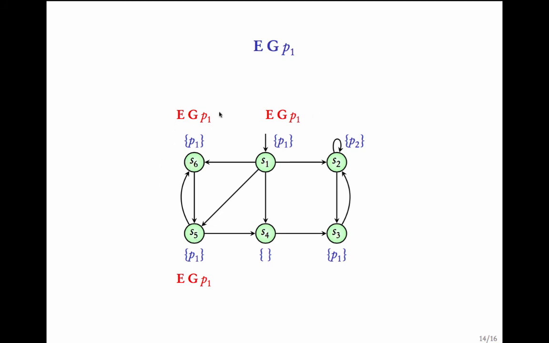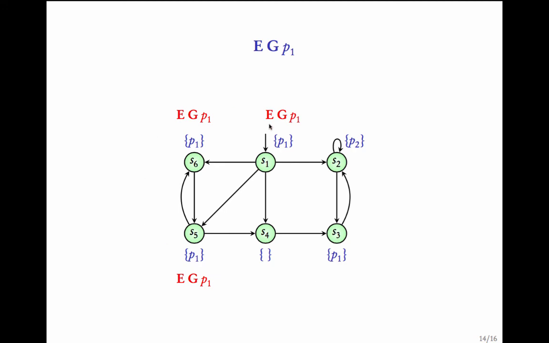Since there is no change in the labels, the algorithm will stop. The algorithm starts like this. All states are marked with EGP1. Then states where P1 is not present, you remove EGP1. Then look at a state. If all edges out of it lead to a state where EGP1 is not marked, then remove the label.